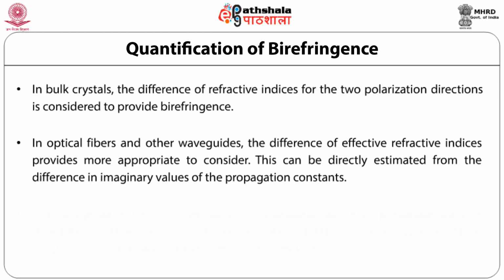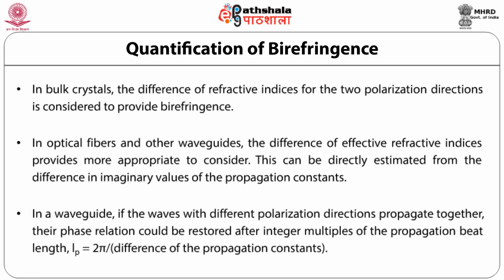This can be directly estimated from the differences in the real values of the propagation constants. In a waveguide, if waves with different polarization directions propagate together, their phase relation is restored after integer multiples of the beat length. L subscript b is equal to 2 pi divided by the difference of propagation constants.